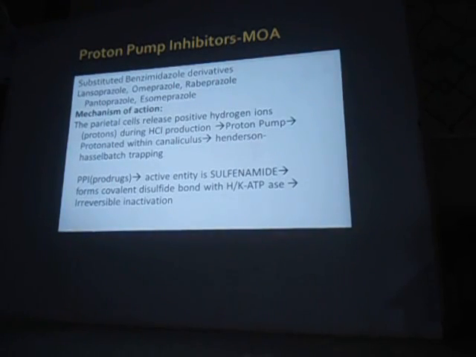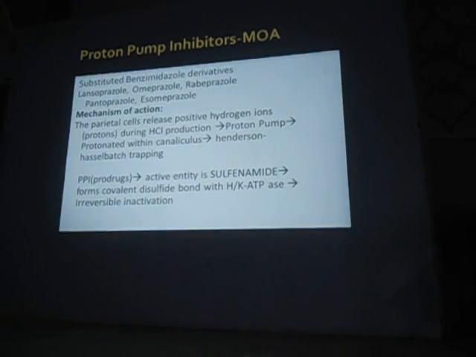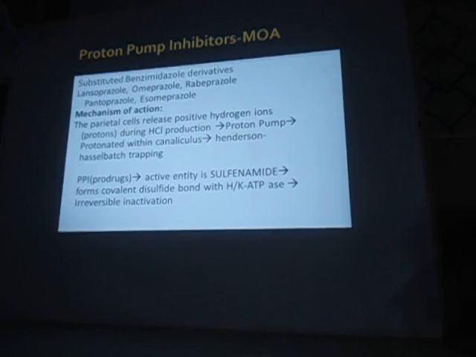So coming to the next group of drugs, the proton pump inhibitors. We saw the final step, where protein kinase, histamine and all these were to activate the sodium potassium ATP system. So we are now concentrating on the drug which directly blocks this action.